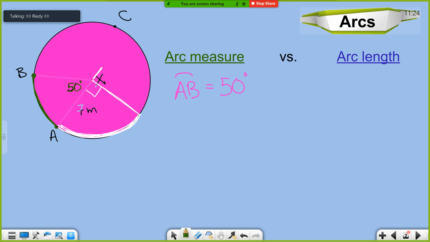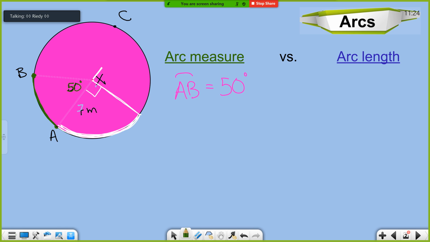100% correct. Okay, so what he's saying is that green arc, well, let's go to the white arc. That white arc is 1/4 of the circle. How do we know it's 1/4 of the circle? Well, he said 90 plus 90 plus 90 plus 90 equals 360. However, if you take 90 over 360, that is 1/4. 180 over 360 is 1/2.